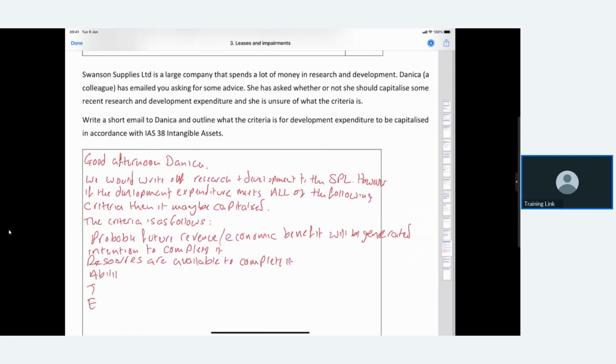A, ability to use or sell it. T, technically feasible to complete it.